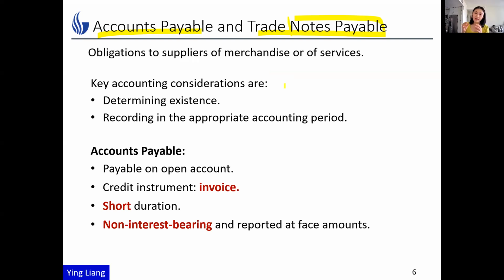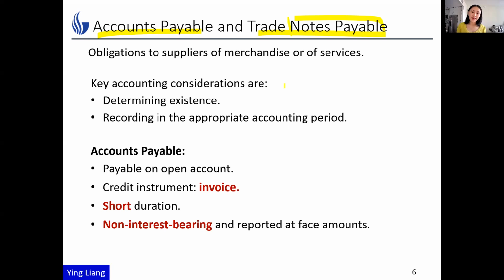And we purchase this inventory or some service on an open account, which means we purchase on account, right? Most trade credit is also offered on account. This means that the only formal credit instrument is the invoice. We don't have any contract, just the invoice, because the time until payment usually is short.